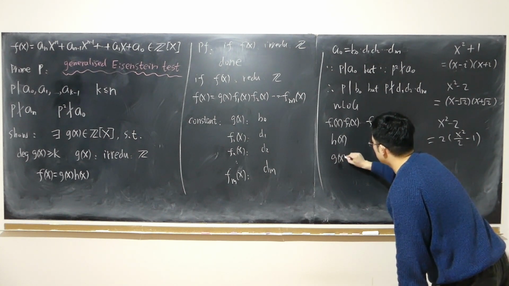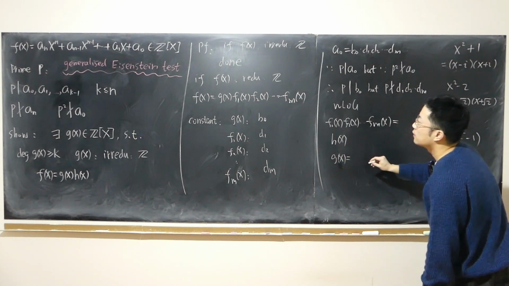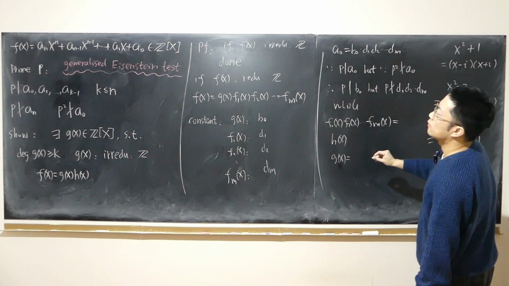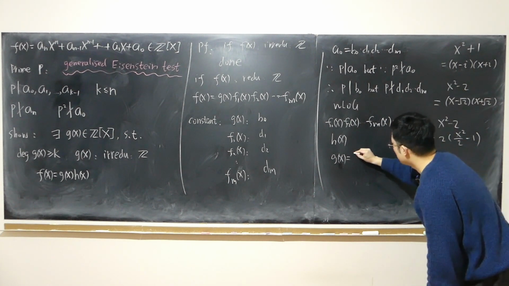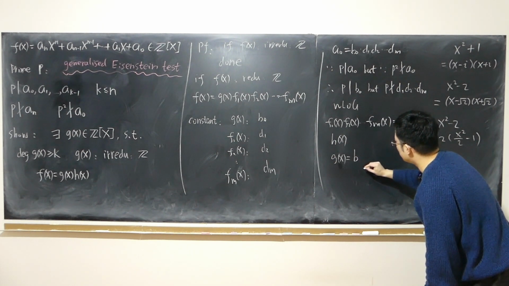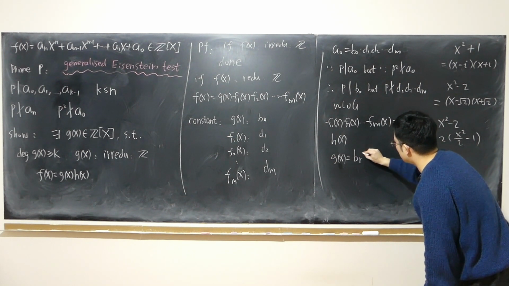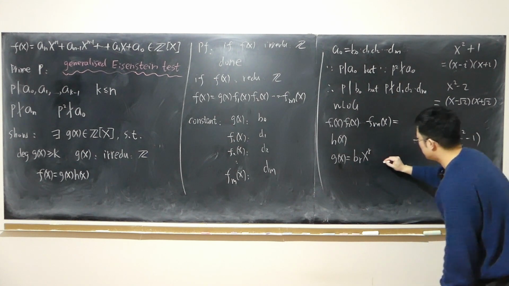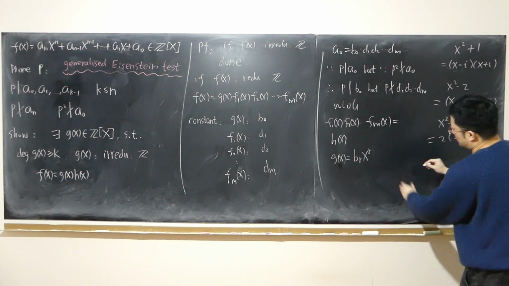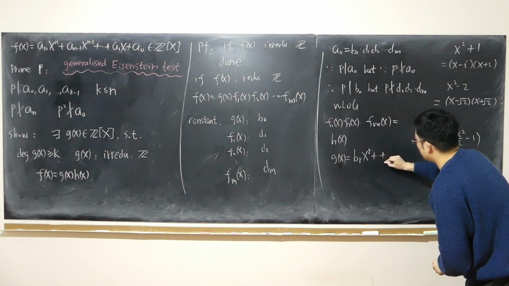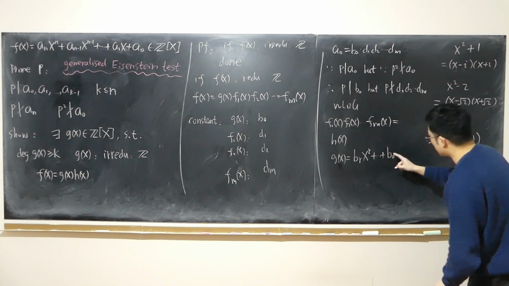So that g(x) can be written as b_r x^r in descending order, right? The power keeps descending, plus all the way down to b naught, the constant term.